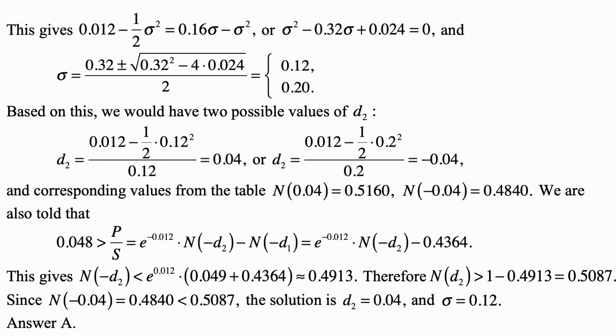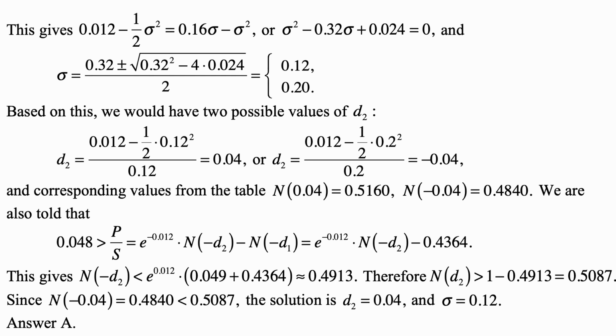And that's equal to e to the minus 0.012 times N of minus d2 minus 0.4364. And this gives N of minus d2 to be less than e to the minus 0.012 times 0.049 plus 0.4364, which is approximately 0.4913. Therefore, N of d2 is greater than 1 minus that, which is 0.5087.